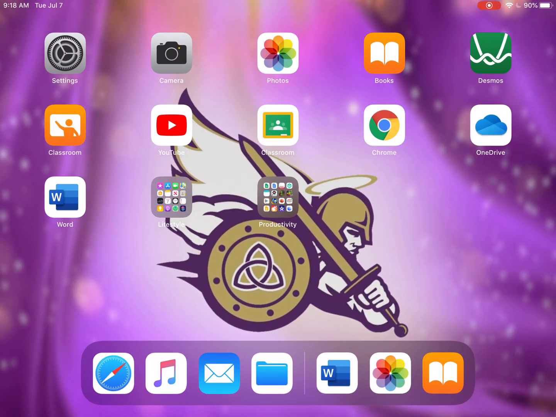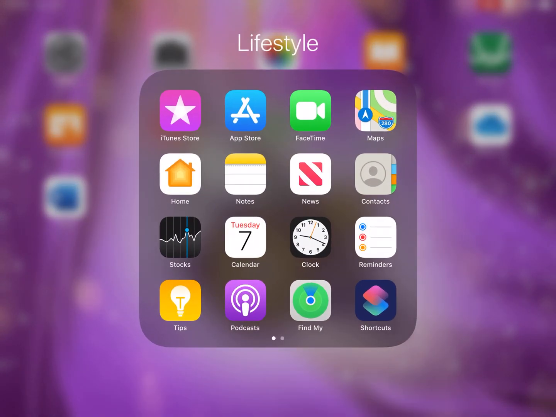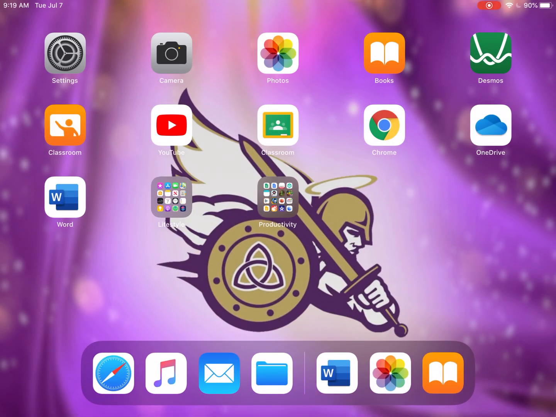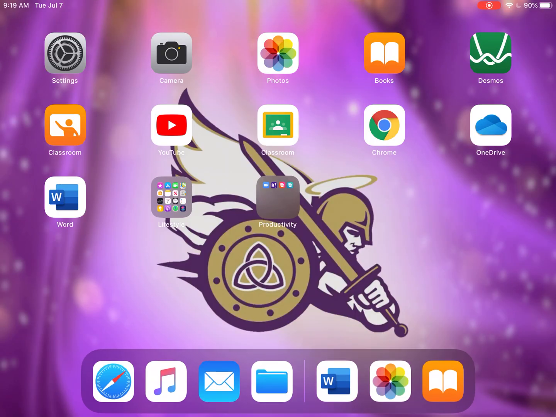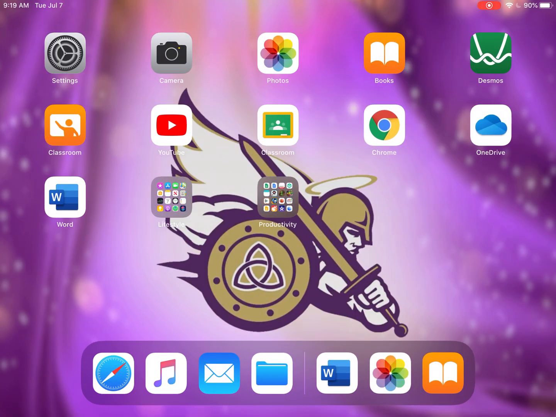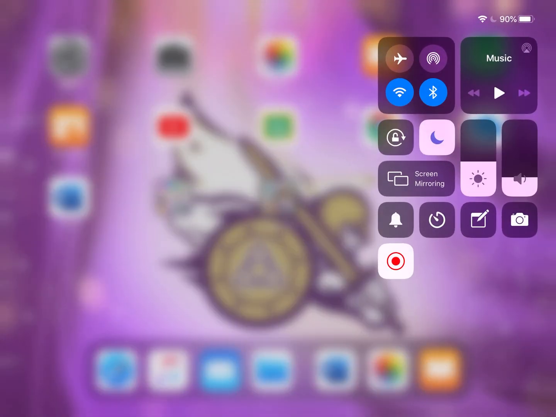So let's see if I can find where I hid my calculator. Didn't put it there. Did I perhaps put it here? Nope. Where did I hide my calculator? Oh, well, I can always get it from here. Can I? It's not even there.